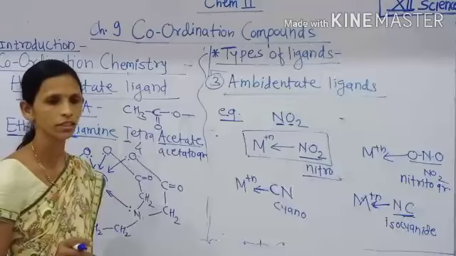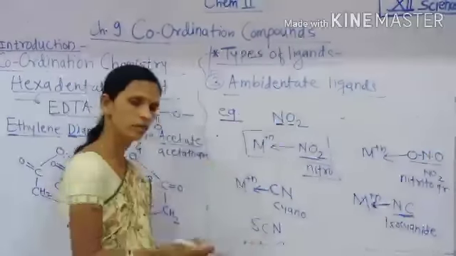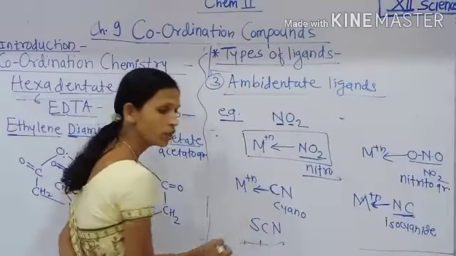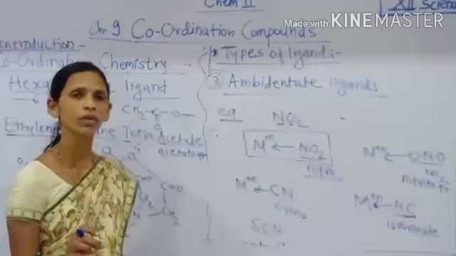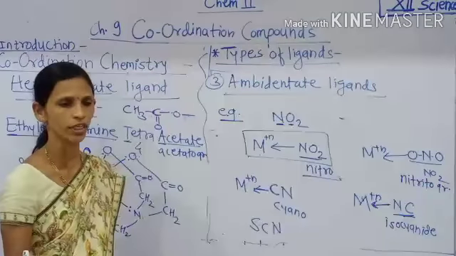One more example is the thiocyanate group, SCN, in which the donor atom is the sulfur atom or the nitrogen atom.